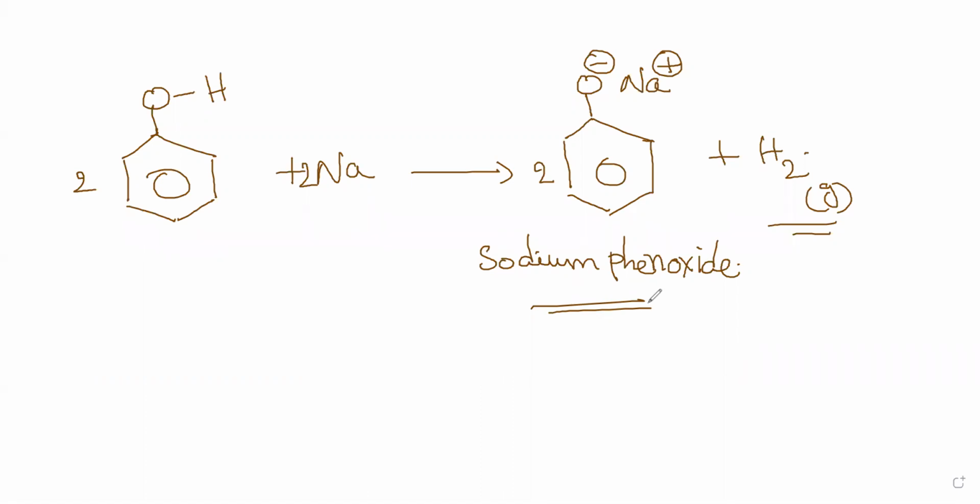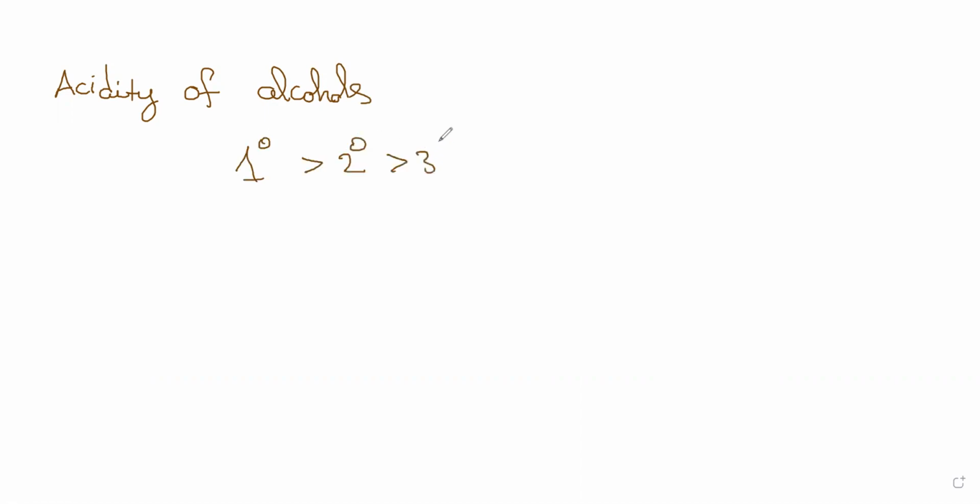Okay. Next one, we have one small sequence you have to remember. Acidity of alcohol. This is not that important. Generally, this is the order: primary alcohol is greater than secondary alcohol is greater than tertiary alcohol.